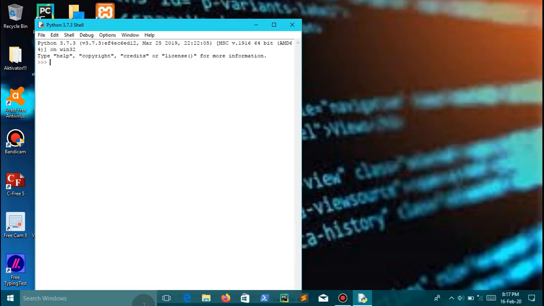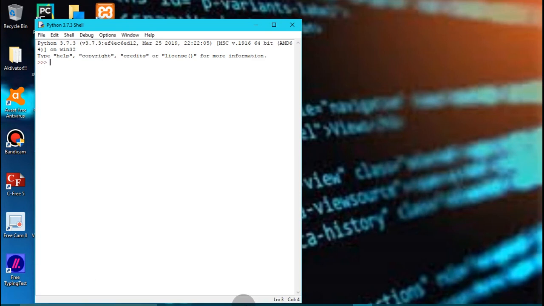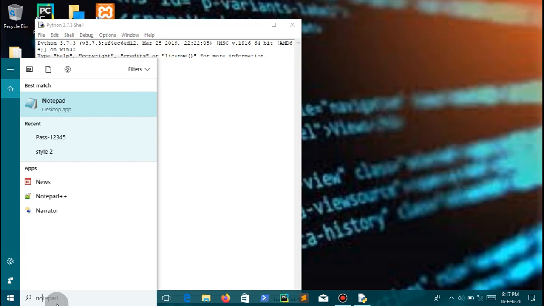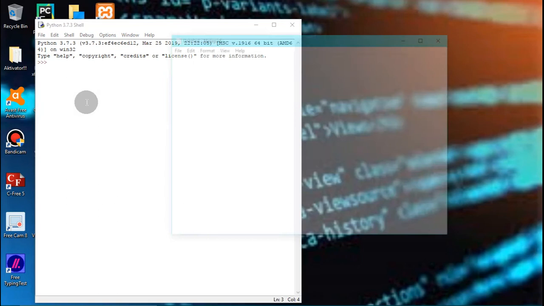There are mainly 7 operations, which I think are common in every programming language. Let me open my notepad and show you these operators.